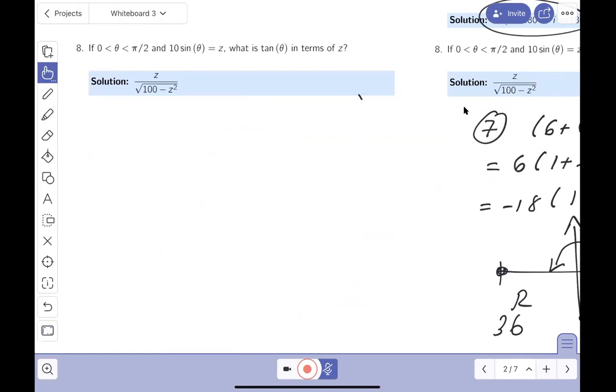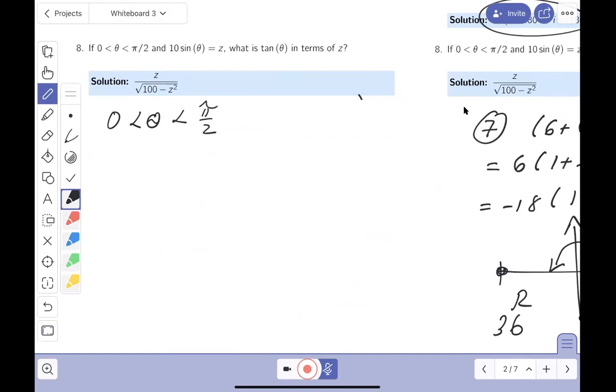Let's write this down. So I'm going to put down one thing at a time. The theta is between 0 and pi over 2, right? And I'm going to write down the sine of theta.